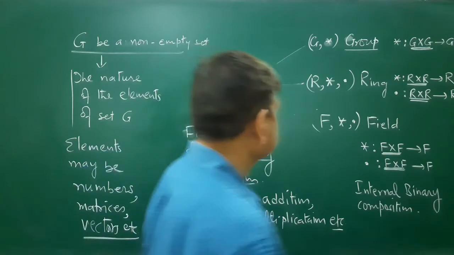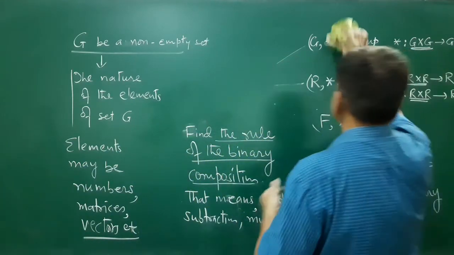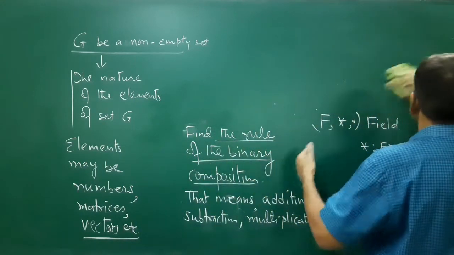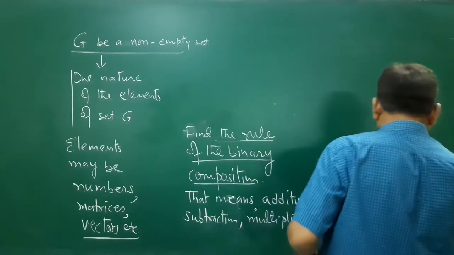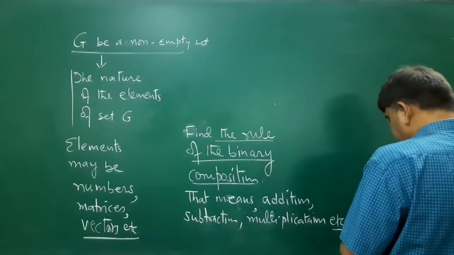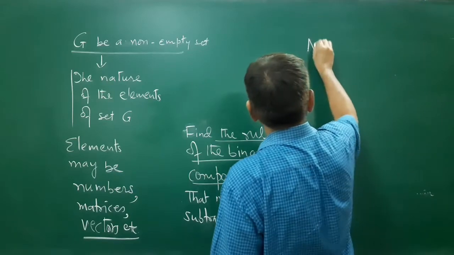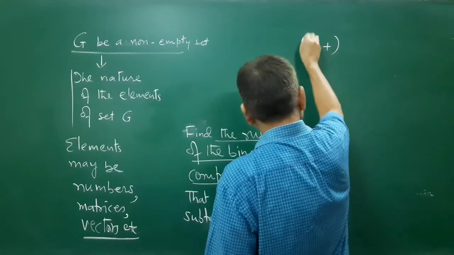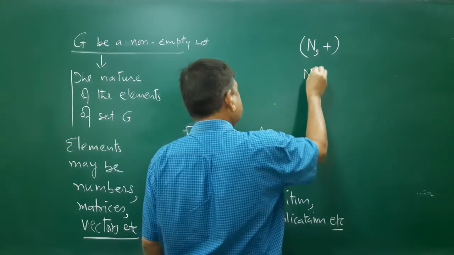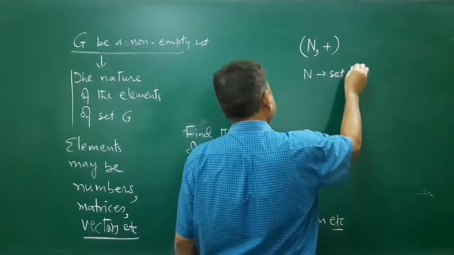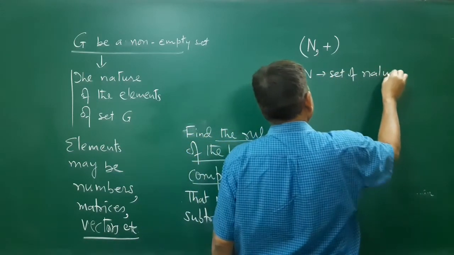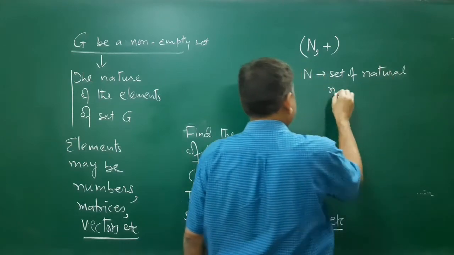So if I write N cross N to N, here N is the set of natural numbers.